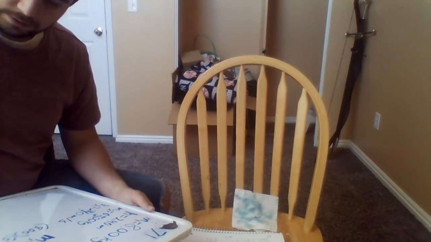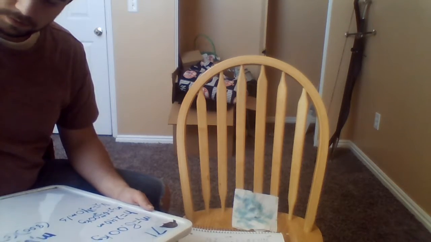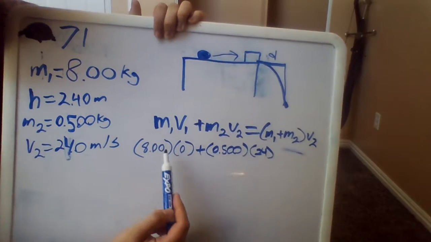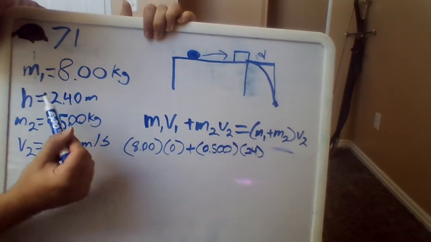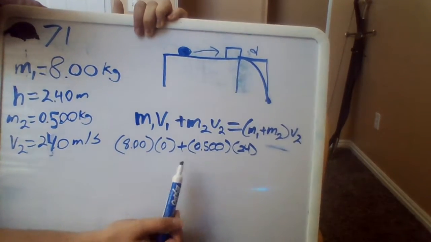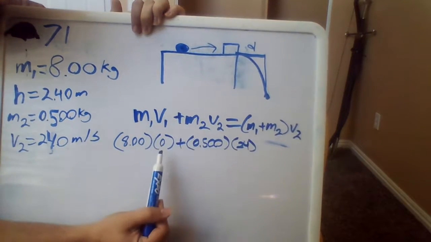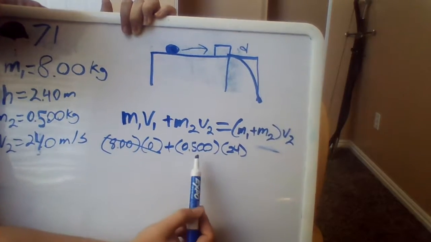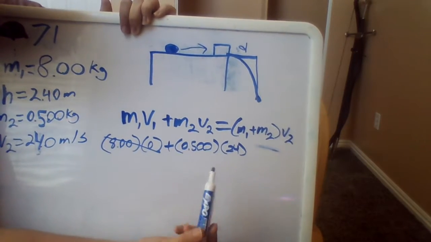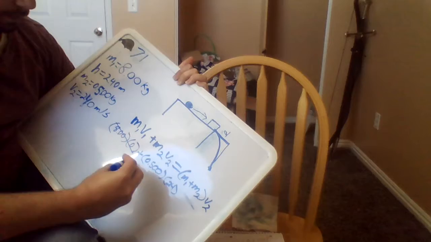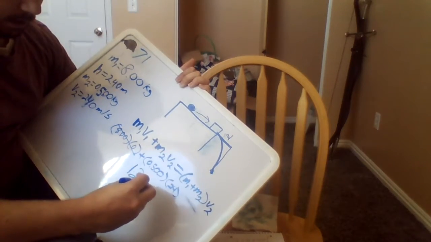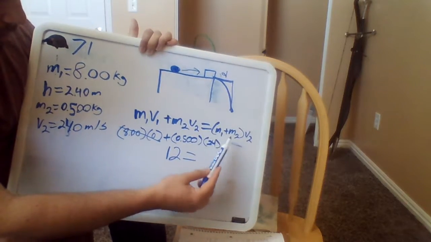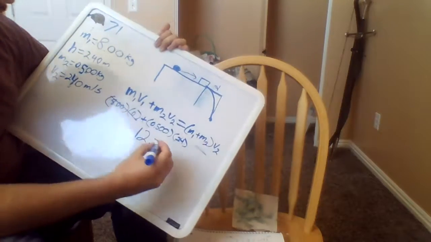Okay, so we'll solve for the first part first. So this is just the left-hand side. We have our first mass, which is 8 kilograms, times its velocity, and it's not moving, so it's just 0. So this whole thing cancels out. So we just are left with 0.5 times 24, which is 12. And that's all equal to the first mass, which is 8, plus the second mass, which is 0.5.